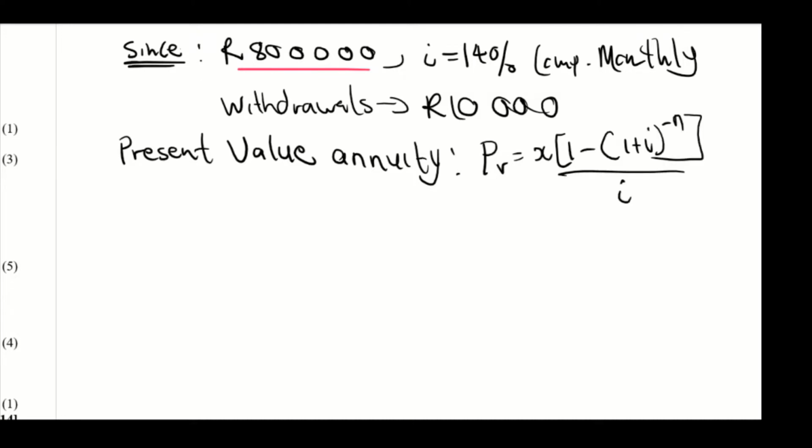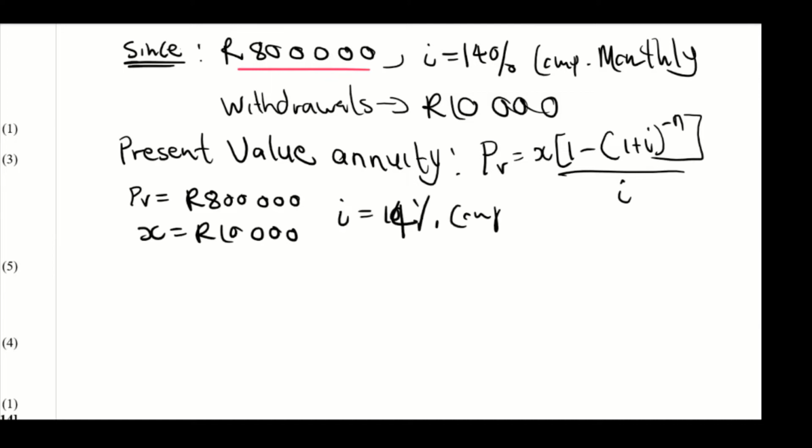So PV, we know it's 800,000 and x is 10,000, so it's those withdrawals that Sihle makes, and the interest rate is 14% compounded monthly. And when we say we want to know the number of withdrawals, we want to know n, which we normally say is the number of payments.